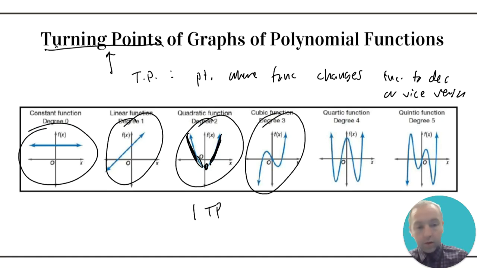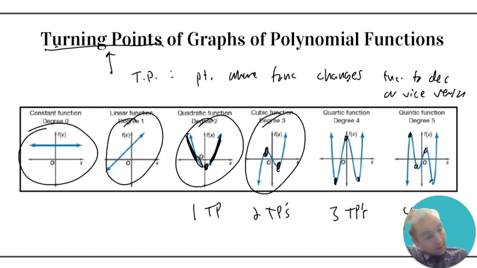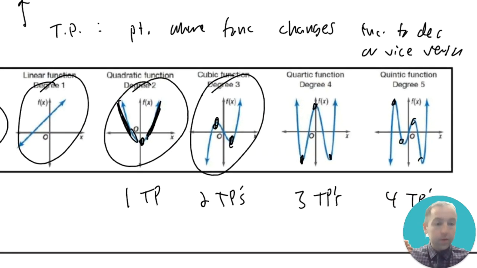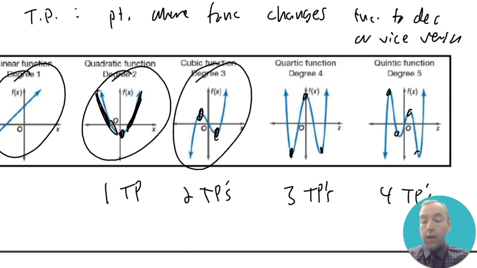And then you'll see that this function right here does have two different turning points. And then this function has three turning points. And then the last one does have four turning points, okay? And in all of these graphs, this is actually showing us the most number of turning points that each particular kind of polynomial can actually have.